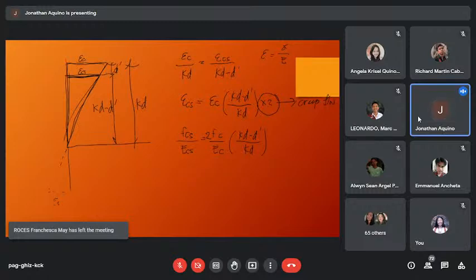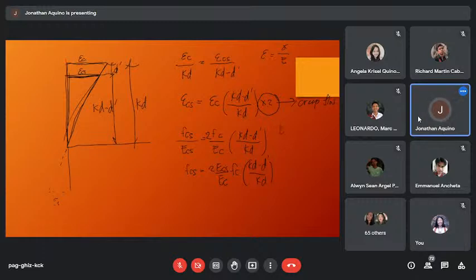Okay? So if you write the equation, FCS is equal to 2 ES ECS over EC times FC times KD minus D prime over KD.